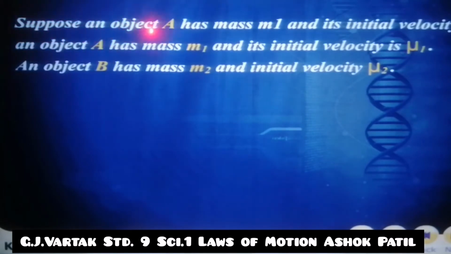Suppose an object A has mass m1 and initial velocity u1. An object B has mass m2 and initial velocity u2.